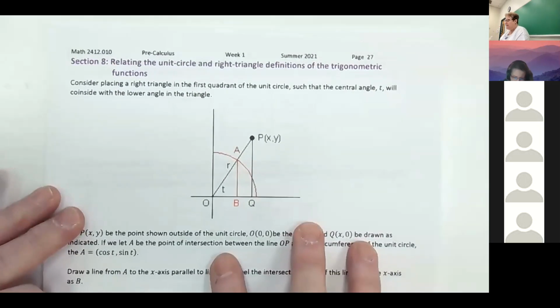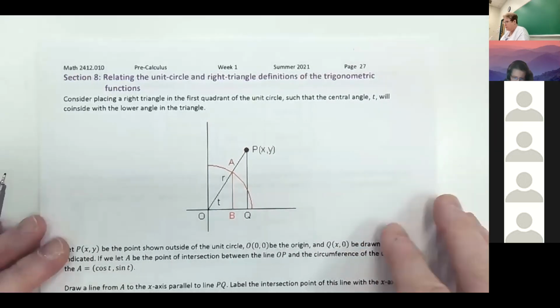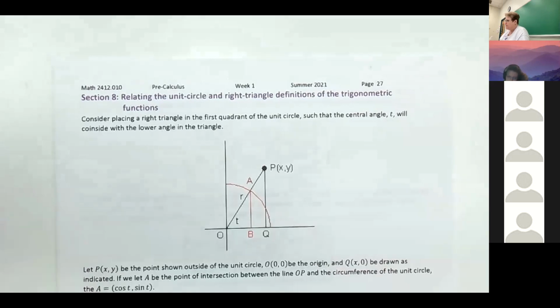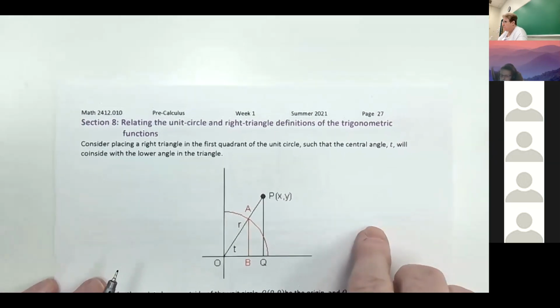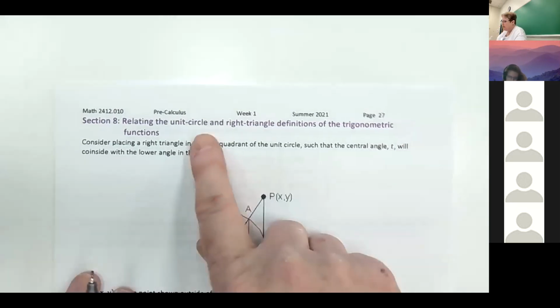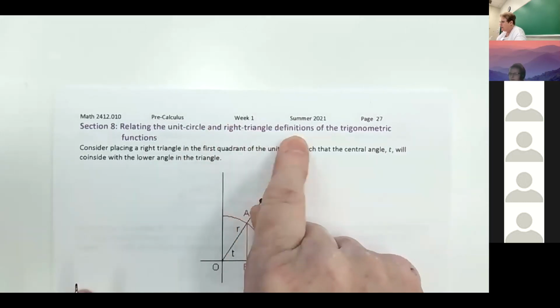Okay, this is another thing I want you to follow, but you're not responsible for reproducing it. A lot of people learn trig, sine, cosine, and everything based on a right triangle. Well, we defined it based on a unit circle. We want to connect the unit circle definition with the right triangle definition.